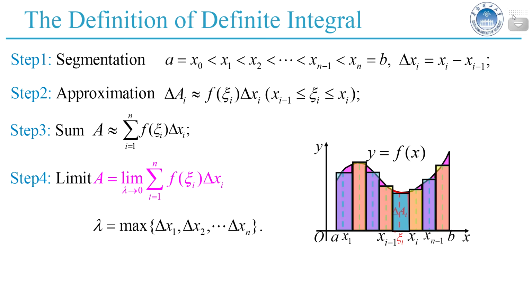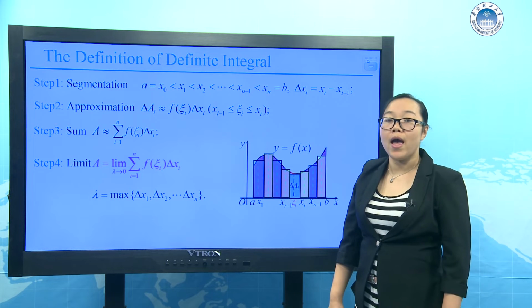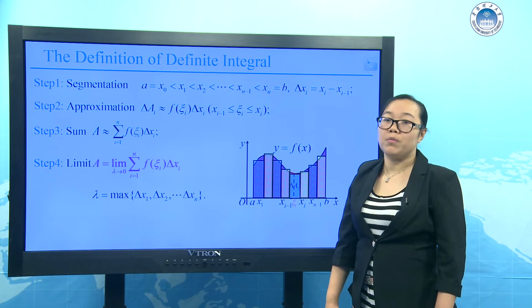If lambda tends to 0, at this time n tends to positive infinity. If the limit exists, it is a real number, and this real number is our area of the curved trapezoid.